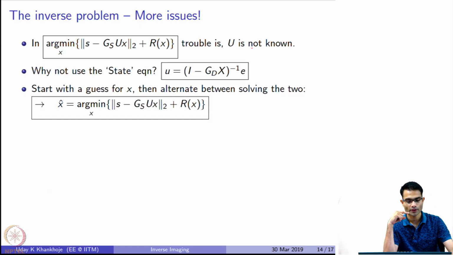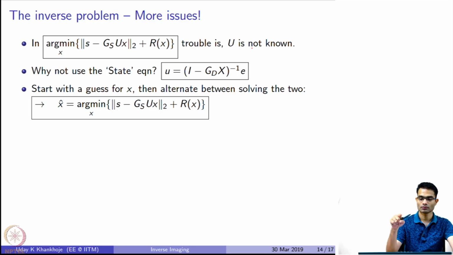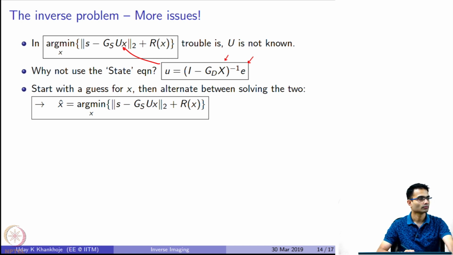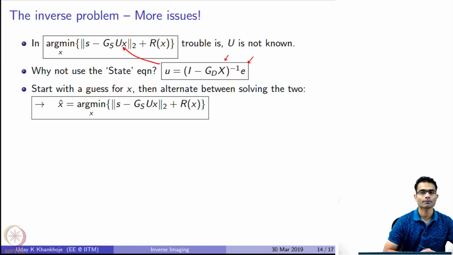You may say that okay, U is not known, no problem. I have a state equation. That state equation told me that there is a relation using the matrix GD. So if you give me E and if you give me X, I can estimate U, and that U I can take and put in over here. So what can be a strategy to solve this problem?